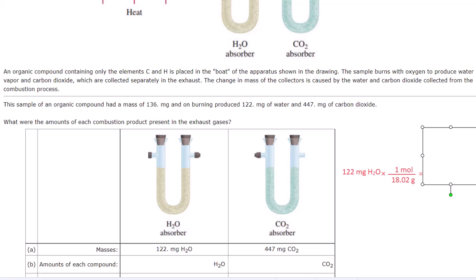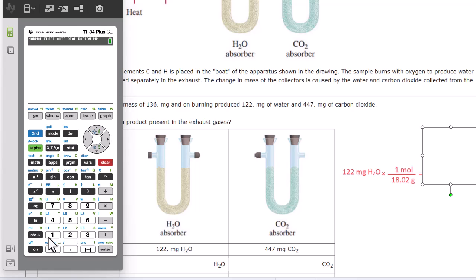And we'll grab our calculator and put in our 122 milligrams, millis. This saves us putting a decimal point in, and we'll divide it by that 18.02. We could have gone to an extra significant digit, but let's just do it with 4 significant digits and find the moles, or I shouldn't say moles, because we cancel out the grams and have moles, but we still have the milli-unit.